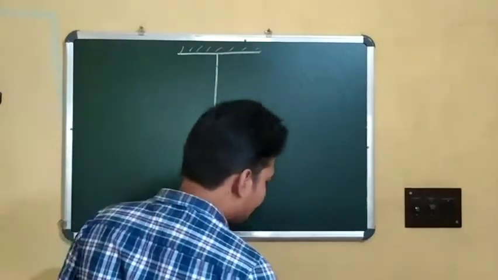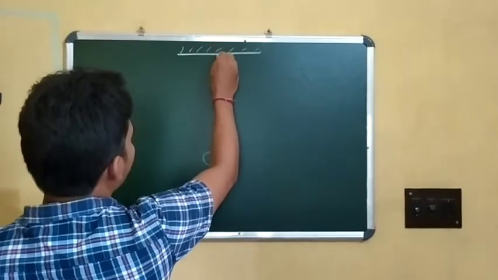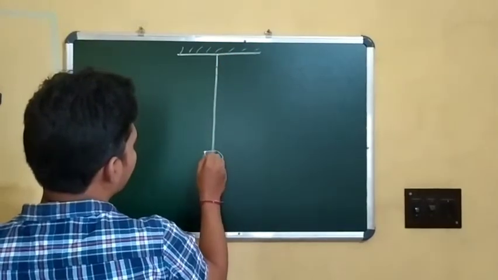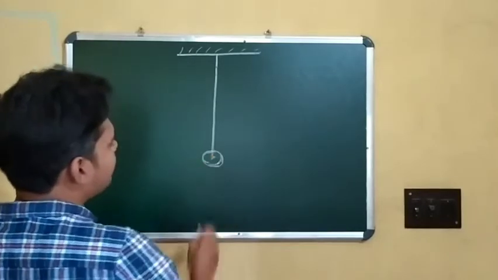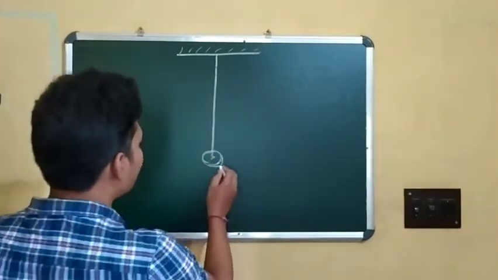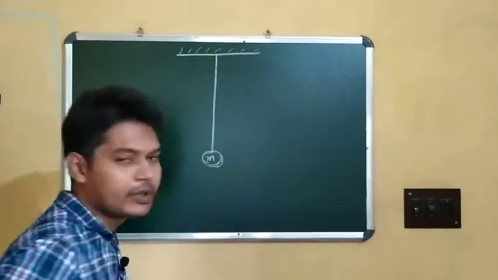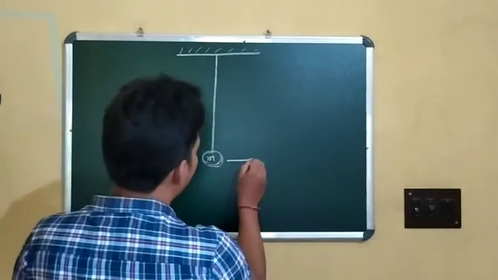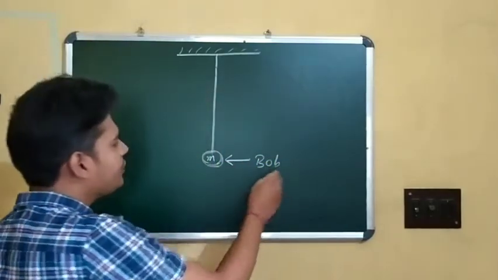That is the attached portion, the pivot, from where a lightweight thread is attached, and on the other side of this, a small mass, the mass of this is m. It is called the bob.